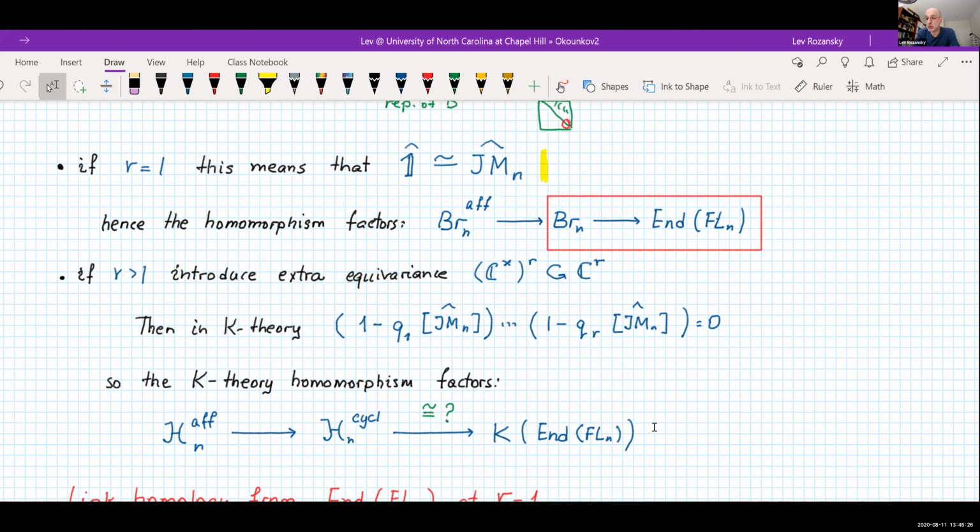So this construction, I think it was expected for a long time that cyclotomic Hecke is related to instantons, R being the degree of the cyclotomic polynomial. And in fact, this is how it shows up naturally here.